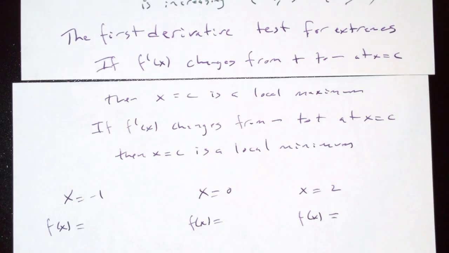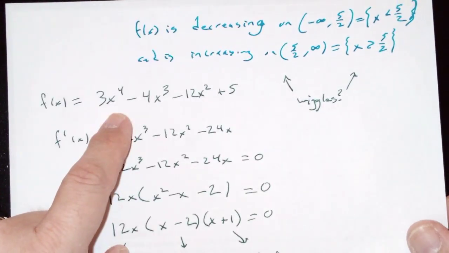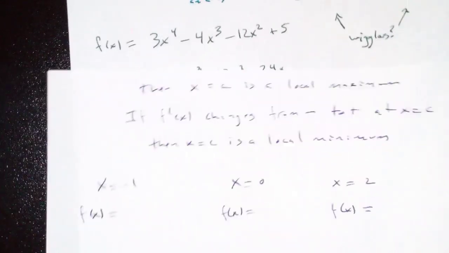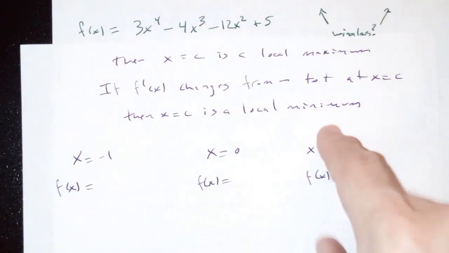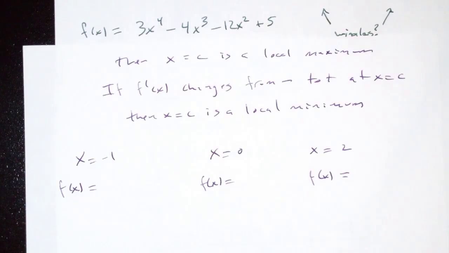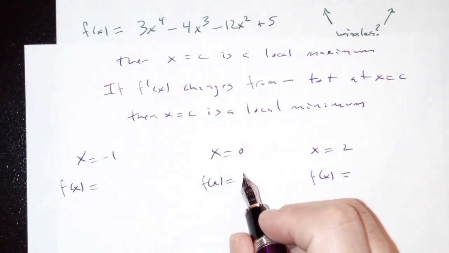Okay, so I need to plug into the original function. So I got to scroll all the way back up here. There's my original function. Let's plug in to that function. Well, plugging in one of those numbers is really easy. If I plug in 0, what do I get? That was a piece of cake.